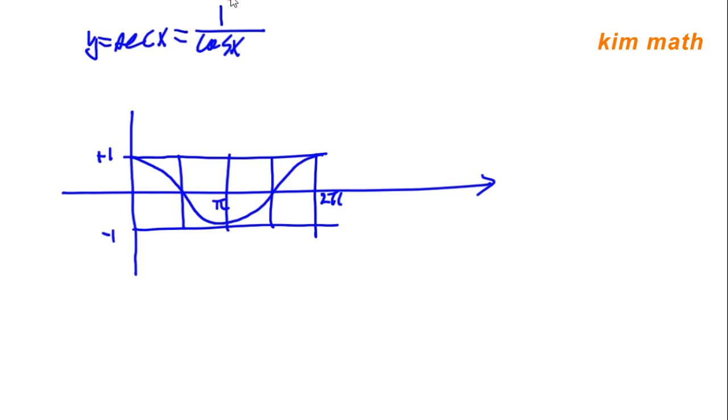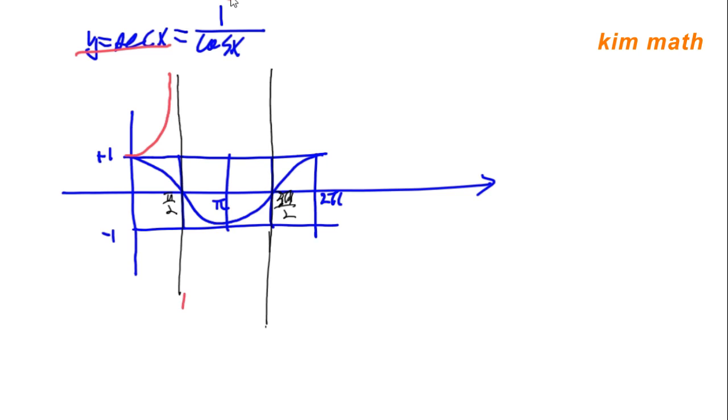Now, when the graph hits 0, the x-axis, here, when x is pi over 2, and here when x equals 3 pi over 2. So this vertical line is the asymptote. Now we can sketch the secant here.